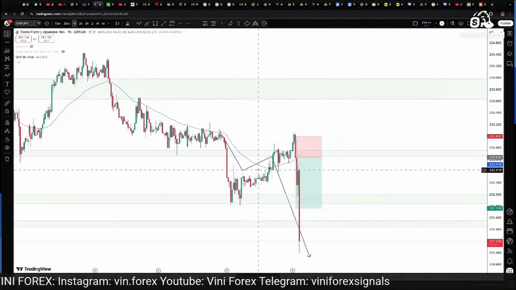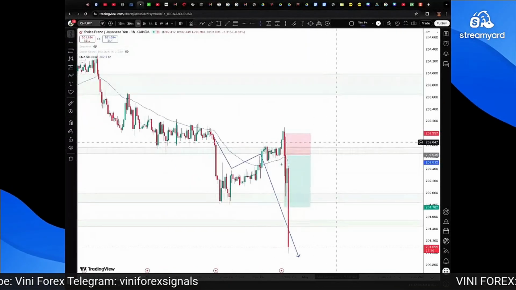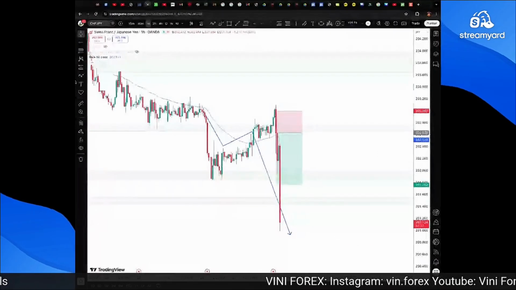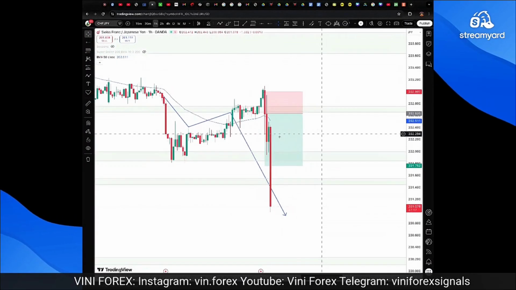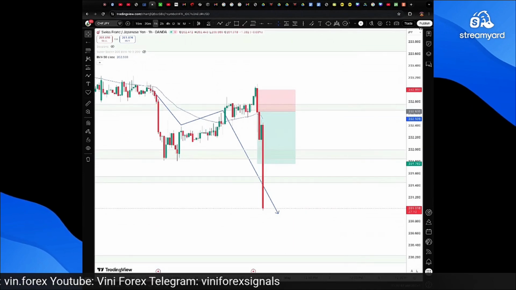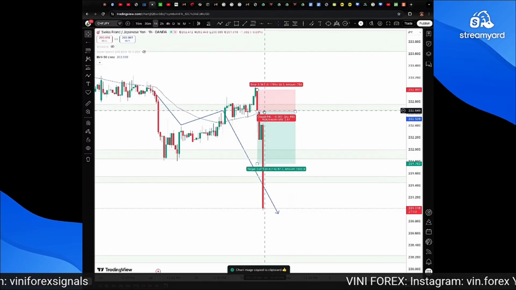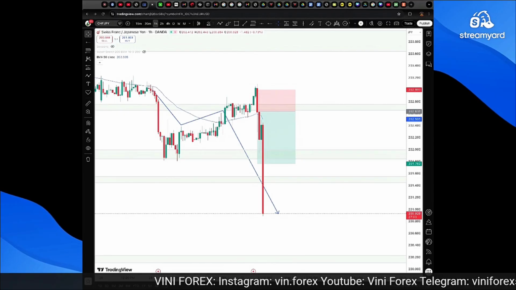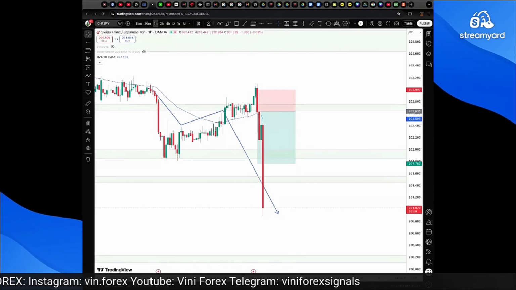Oh my God, the profit is massive. Today is a beautiful day, I swear, man. God is good. I entered this trade today in the morning. Oh, it's still going down. It's still selling.